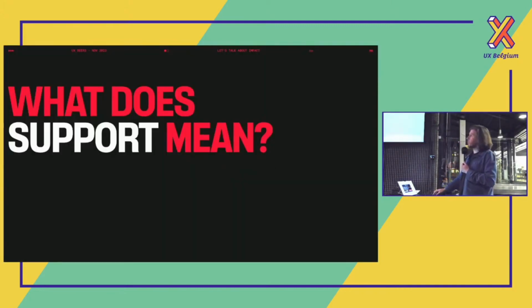And we tried to solve this, of course, because it was on our radar, like this is going to have some sort of negative impact. How do we mitigate this? What do we do? And in order to answer that question, we needed to zoom out and ask the question, what does support mean? What does support mean when all the issues that you're dealing with are emotional, when people are always angry?